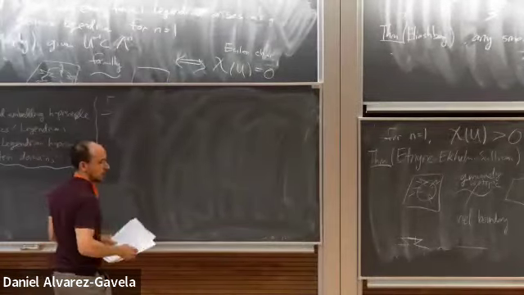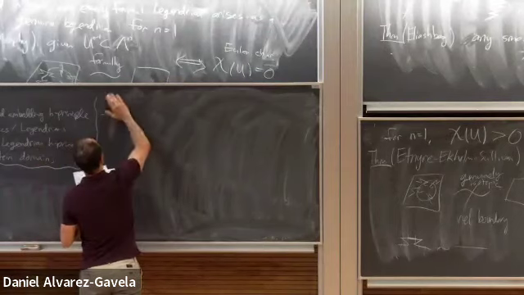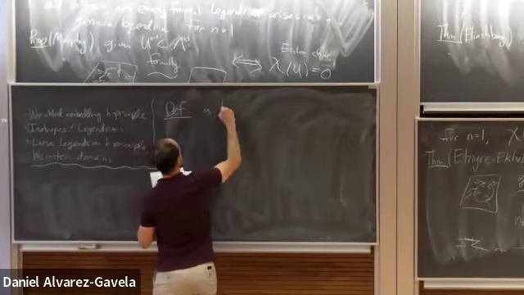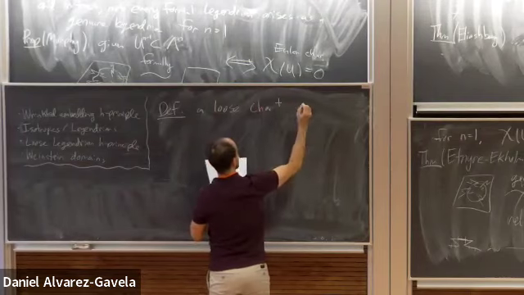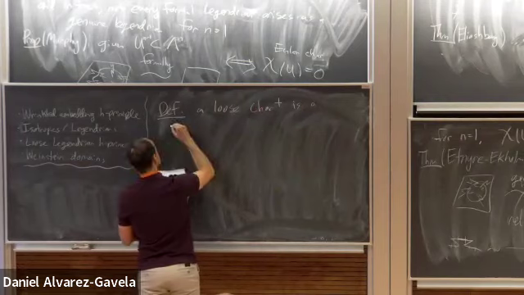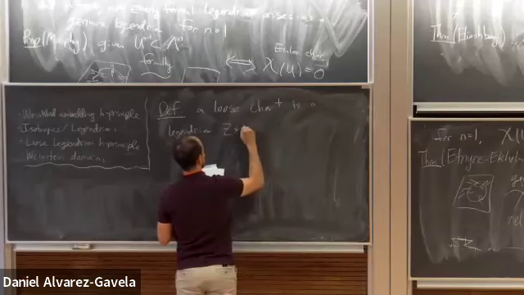Okay, so now let me define this single wrinkle that we're going to use to prove this H principle. Definition: a loose chart is a Legendrian. I'll explain the rotation in a second.